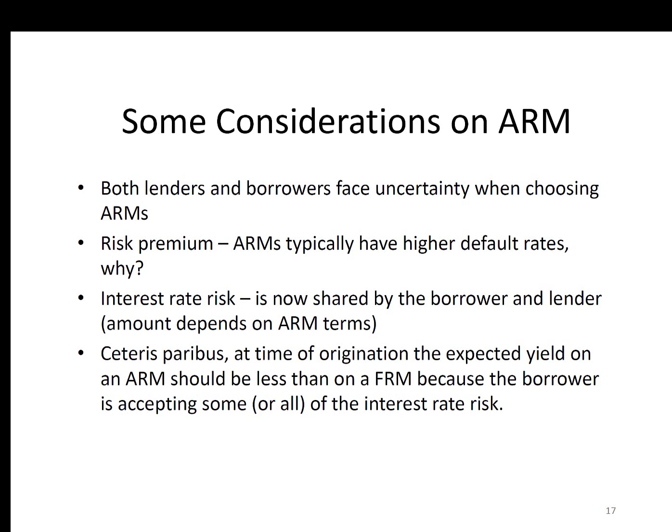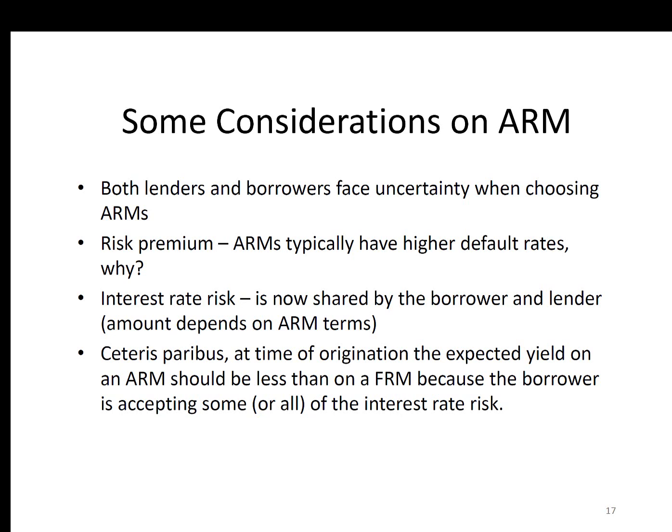There is a risk premium. Adjustable rate mortgages typically have a higher default rate than fixed rate mortgages. Because adjustable rate mortgages start with a really low interest rate, fixed for a period of time, which we call a teaser rate, the income you need to qualify for an adjustable rate mortgage at origination does not need to be really high.